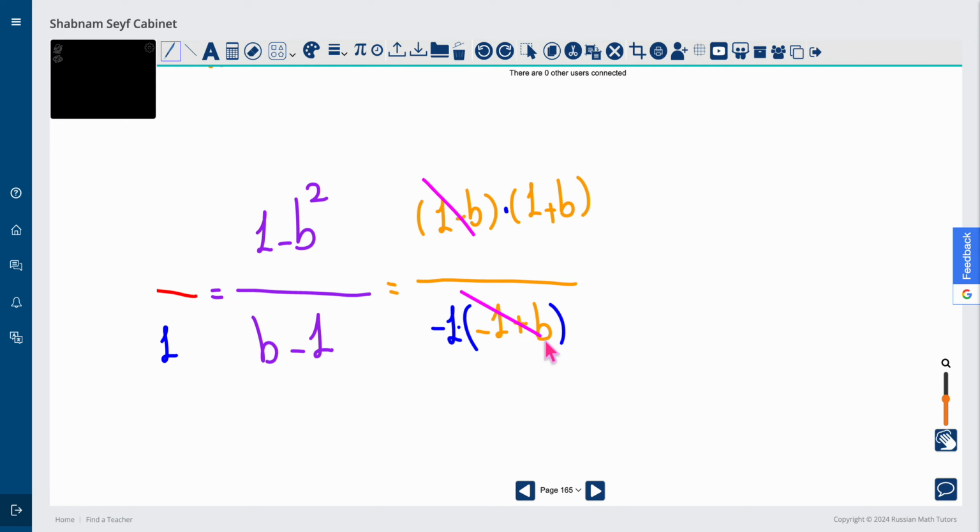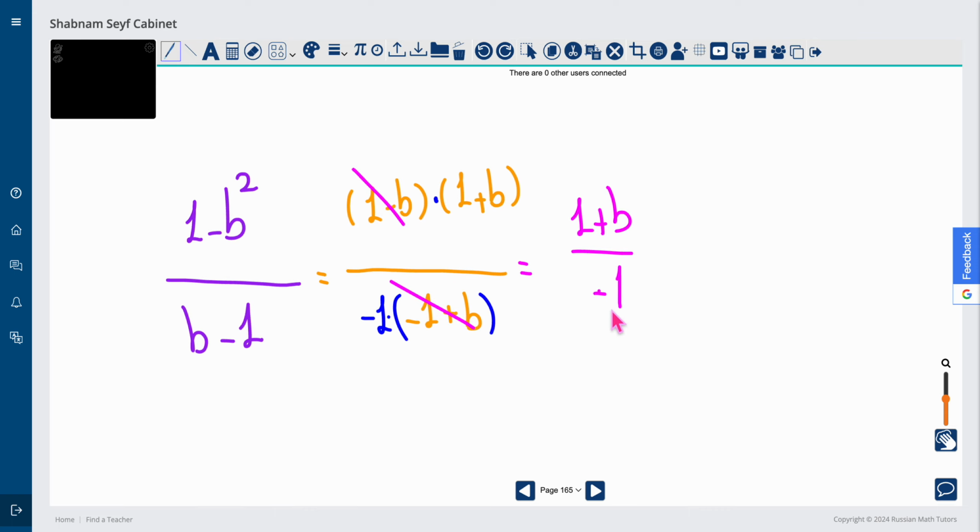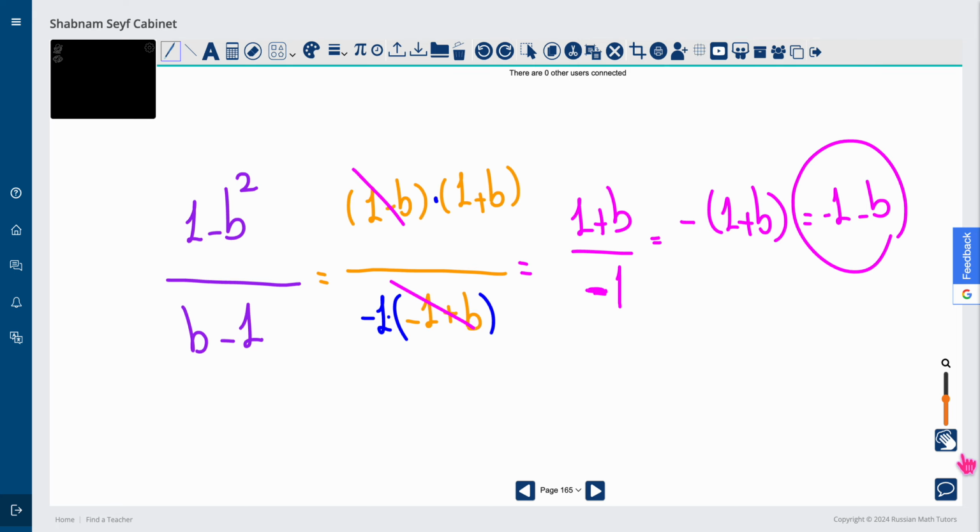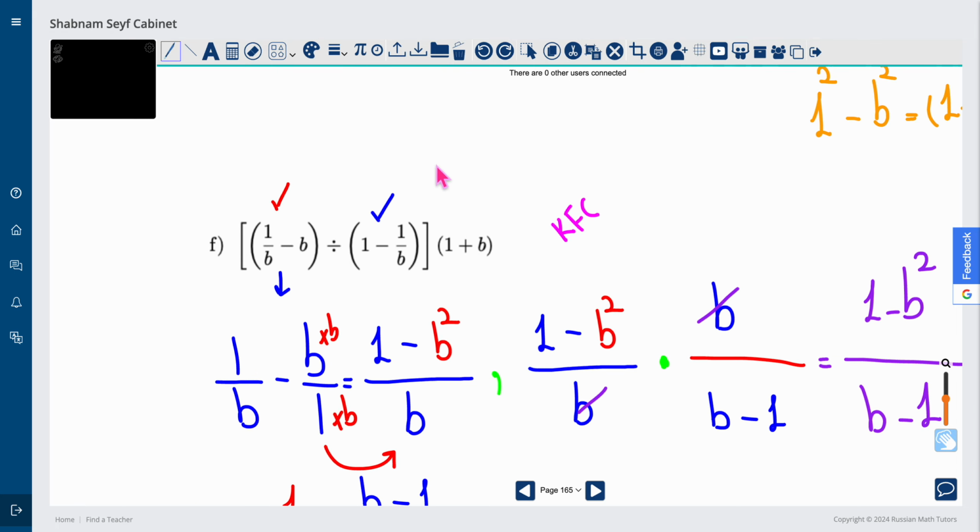Then, in that case, I could just simplify them and we would have the negative 1 left over and 1 plus b inside our numerator. This can be translated into, well, we don't really have to write the denominator of 1, but we'll have to keep the negative. Negative 1 plus b, or just negative 1, negative b. Let's go back.